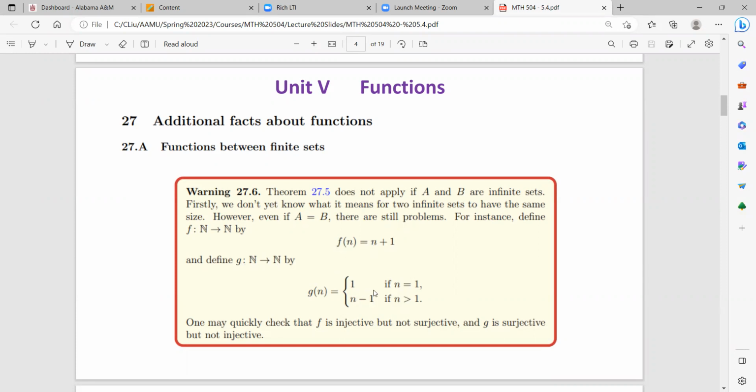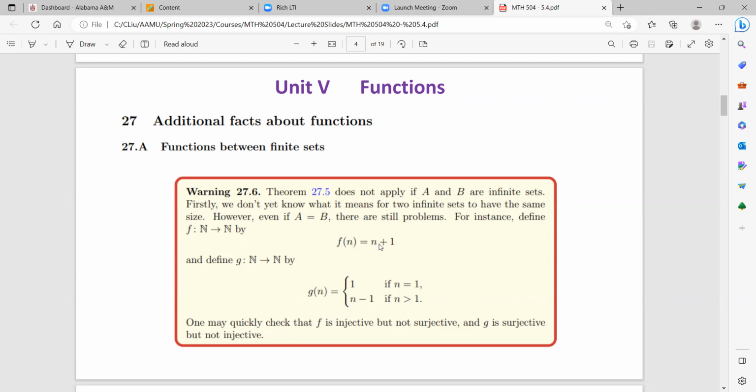g of n is equal to 1 if n equals 1, and g of n is equal to n minus 1 if n is greater than 1. Okay. So for the first function, you can see f is injective, obviously. If you take different natural numbers n, then the function values will also be different.